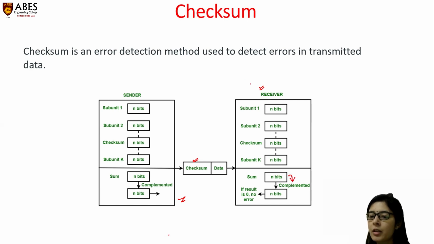If after doing the one's complement we get all the bits as zeros, it means the receiver has received the original frame and no error has occurred during the transmission. But if the bits are not all zero, it means the frame has been corrupted during the transmission, and in that case the receiver will simply discard the frame and request retransmission of the frame from the sender side.